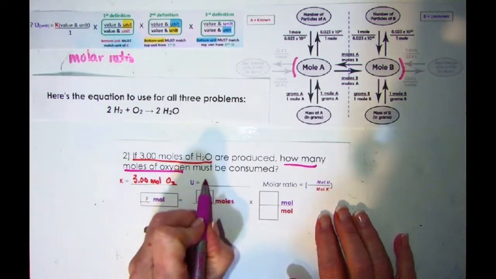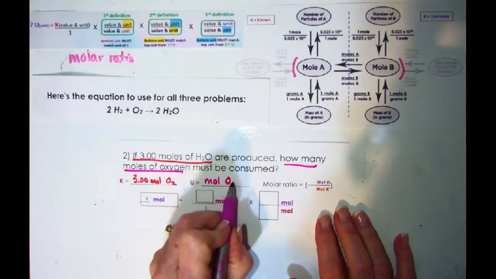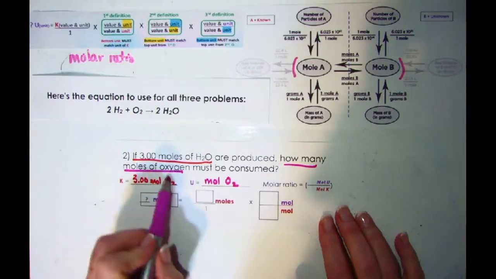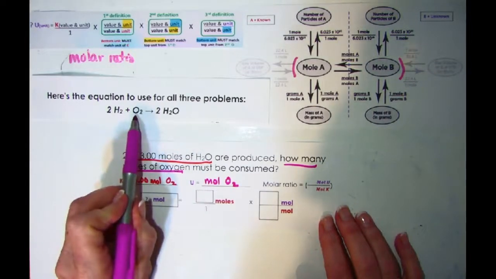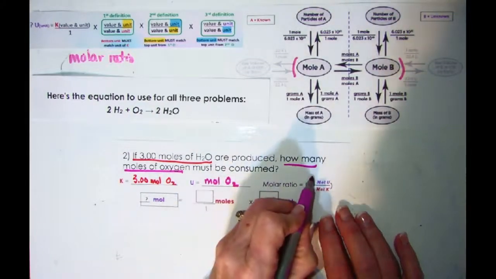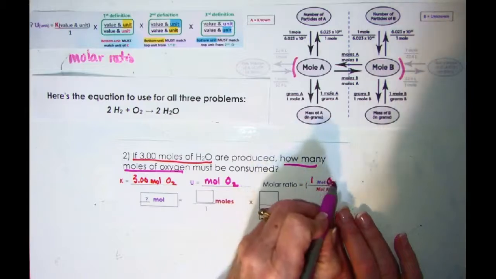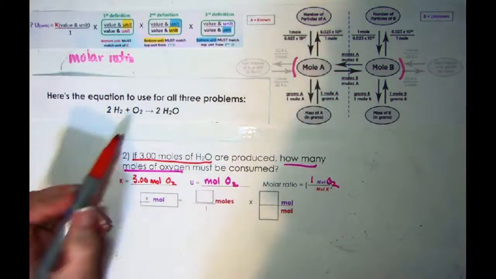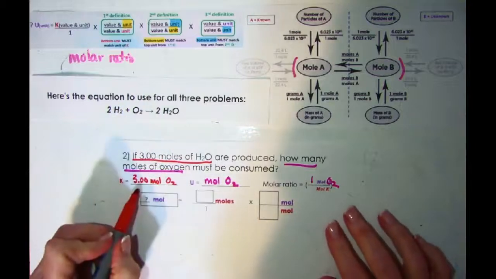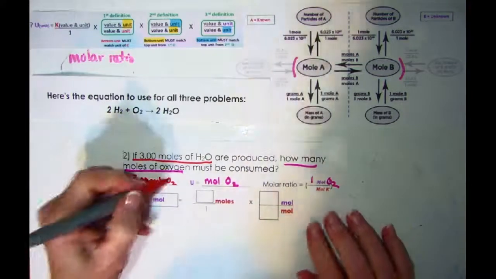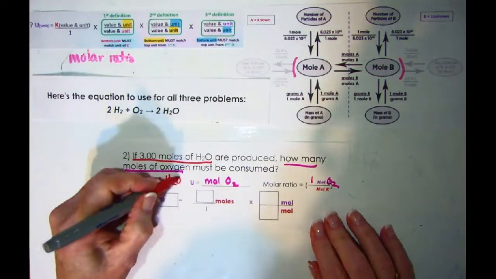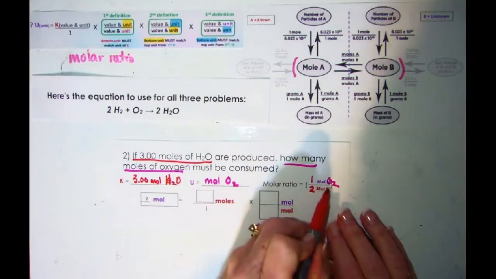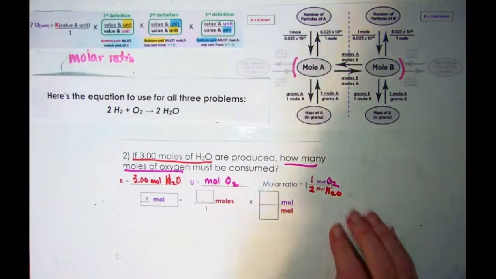So this is my unknown. How many moles of oxygen are in the equation? 1. So that goes on the top, O2, and we have water on the bottom. Sorry, I did that backwards. That should have been H2O, with 2 moles of H2O there.